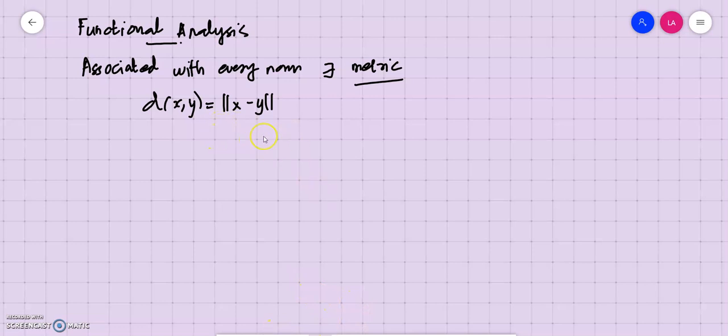Now the question is, does the reverse hold? Can you say that every metric is induced by a norm? Here we established that a norm induces a metric.